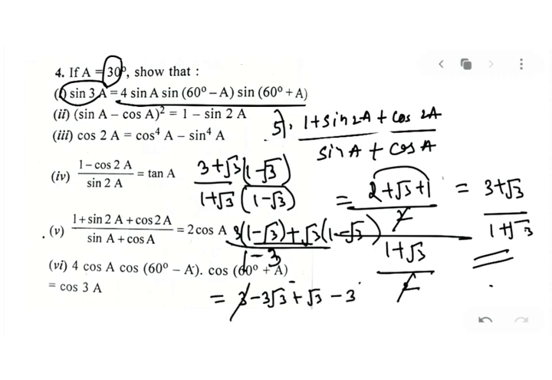The plus 3 minus 3 cancel here. Down you have 1 minus 3, that is minus 2. So you got the answer as, if I take root 3 common, I will have inside root 3 plus 1, and down I have minus 2.